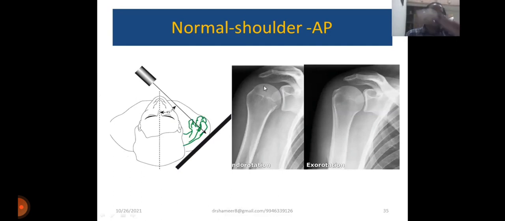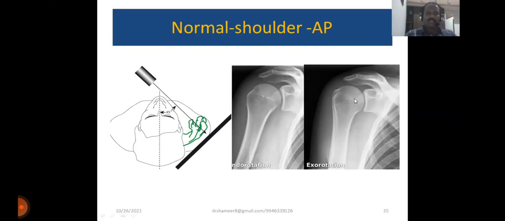If the ray is from the top of the shoulder or somewhat above the normal line, you will get an X-ray with acromioclavicular overlap. So there will be the glenoid cavity here, and you can see there is the exact relation. Glenoid is there and humerus is at the same level. You can see this is the glenoid cavity and humerus.